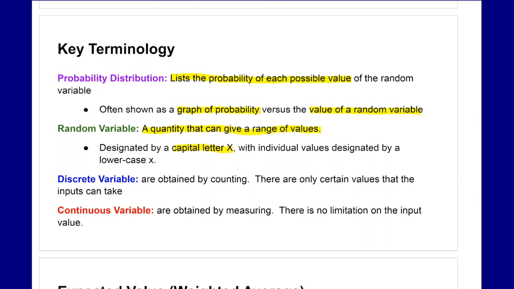A discrete variable is obtained by counting. This means there are only certain values that our random variable could be. A continuous variable is generally obtained by measuring, so it could be measuring time or weight or distance. With a continuous variable, there's no limitation on the input value.